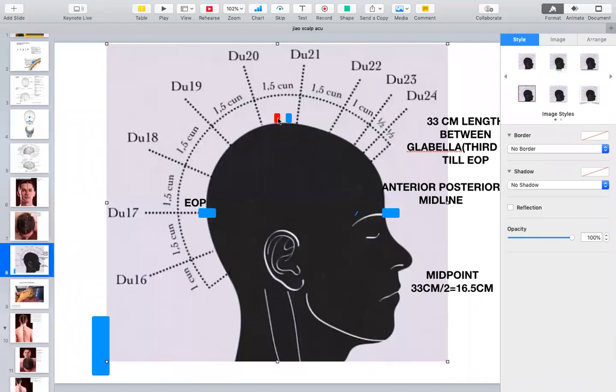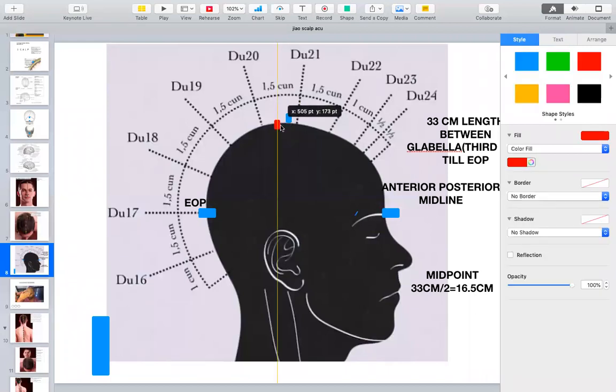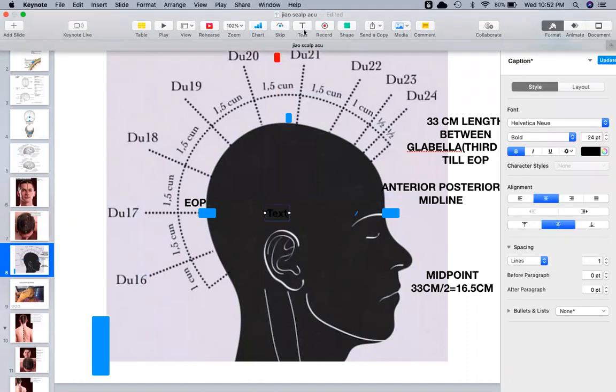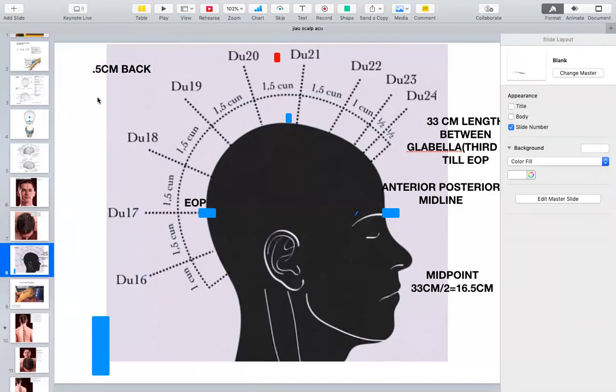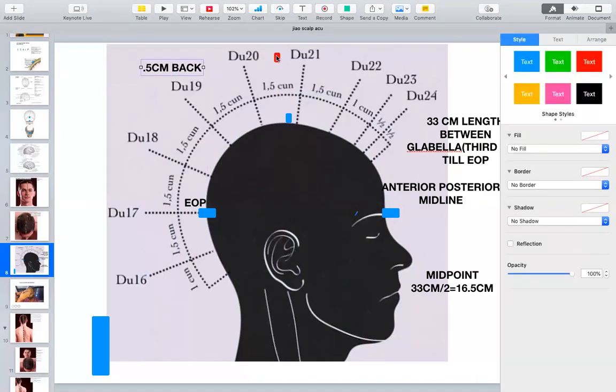Now, another point which I am keeping red, just on the back side of the midpoint. From the midpoint, if I am going 0.5 centimeter back, that will be my first point.